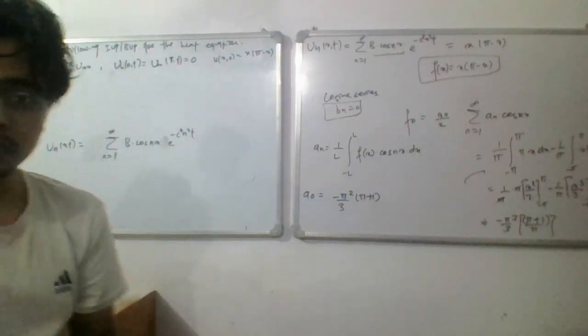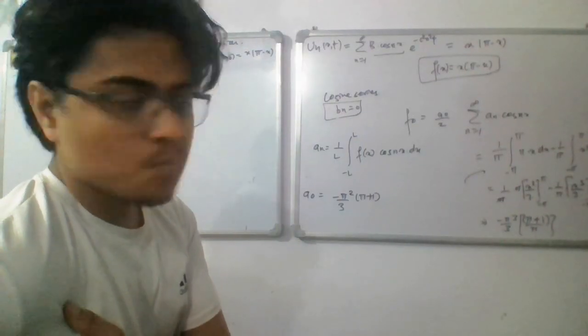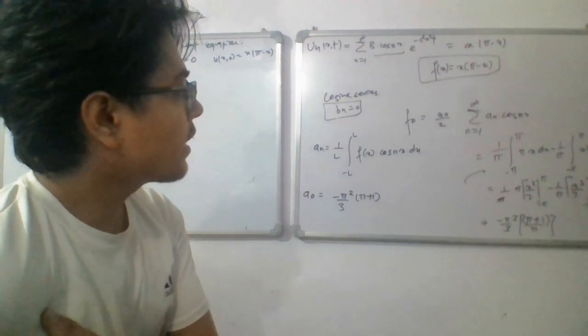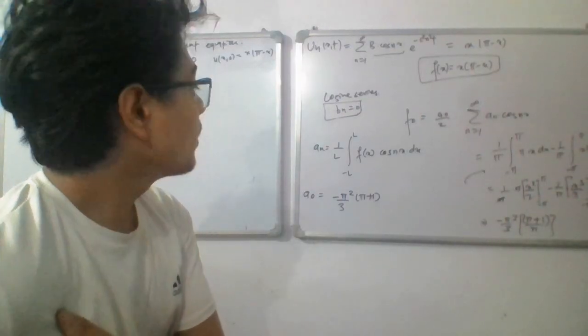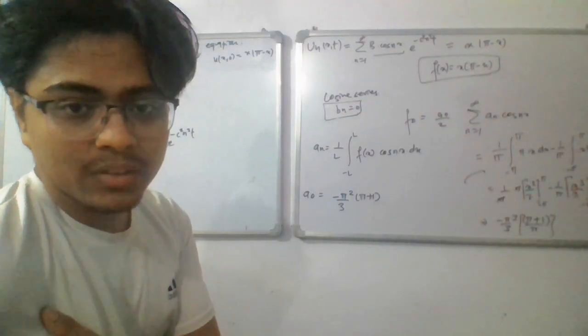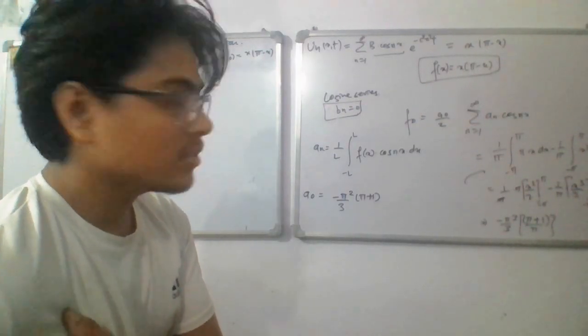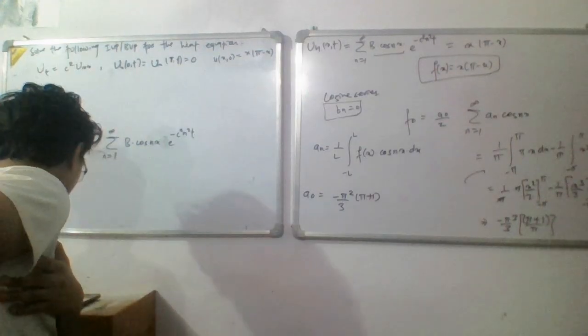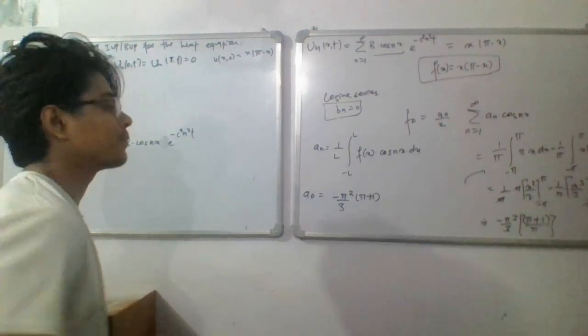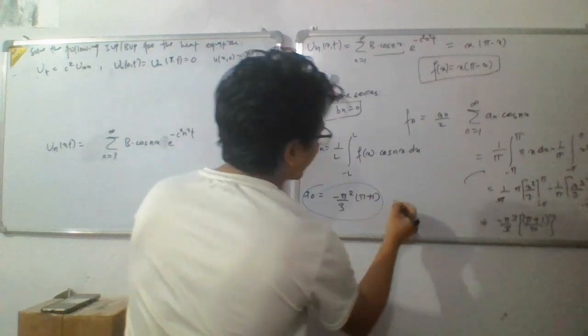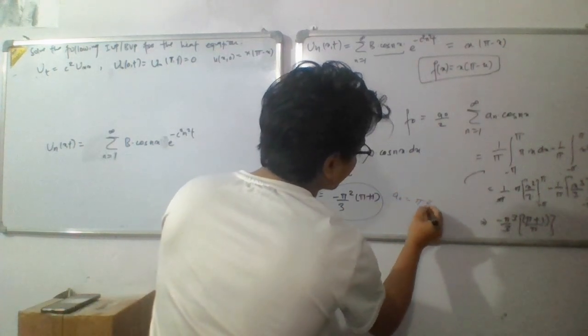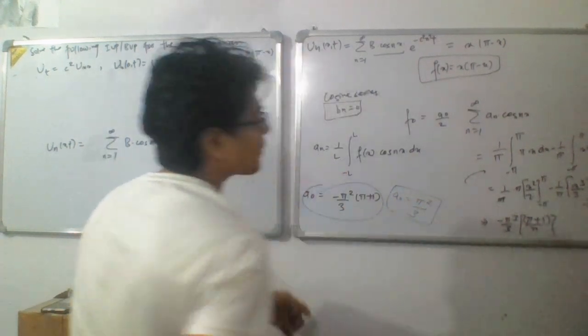This is what we get for a naught. I don't know, I made a mistake or something. But actually, this a naught must be pi squared by 3. I don't know what I did here. I think I made some mistake. Please check. It must be pi squared by 3.